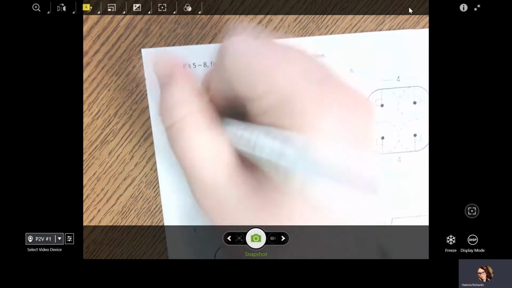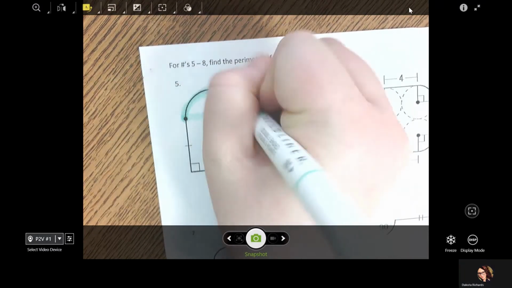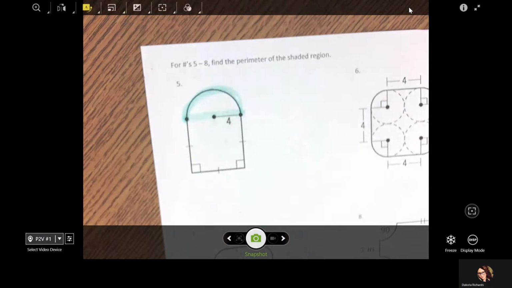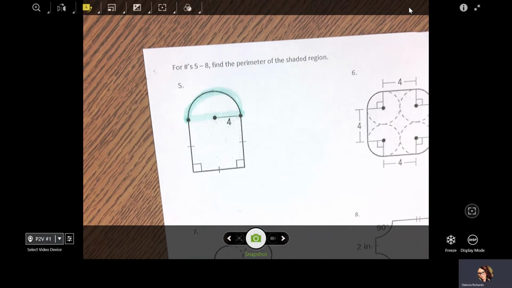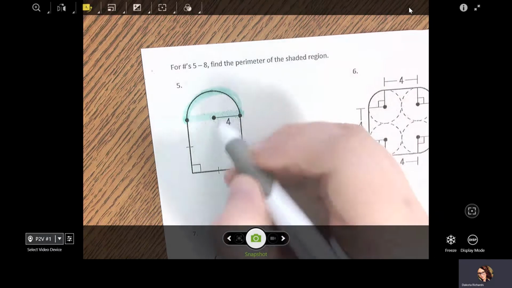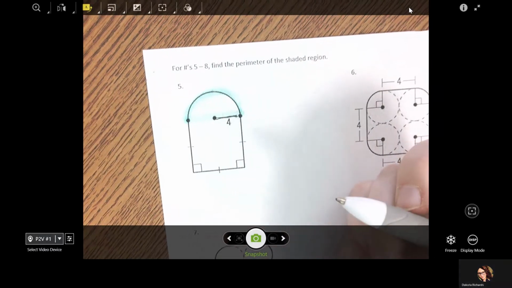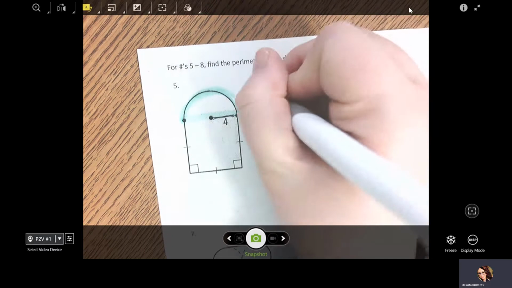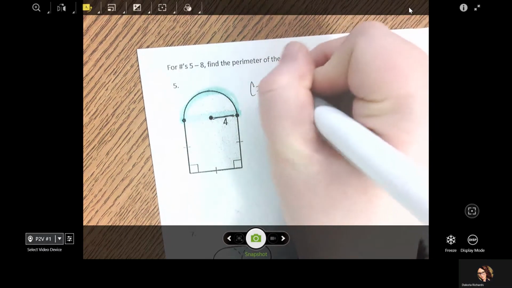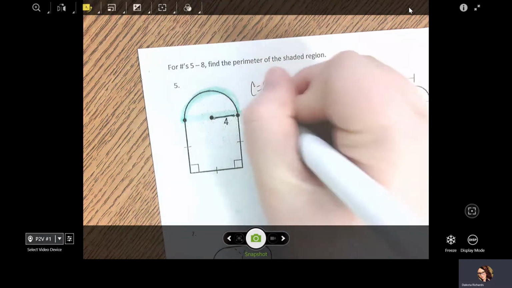This is basically half of a circle. Okay, so we're going to use that. If that's half of the circle, what is the radius of that circle? 4. So how do you find circumference? 2 pi times r, and then r is just 4.